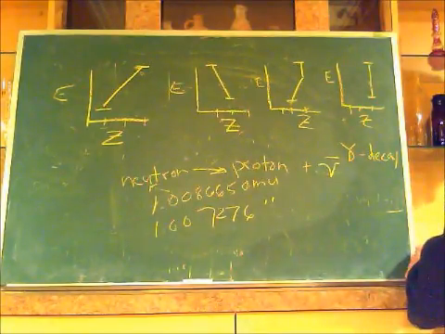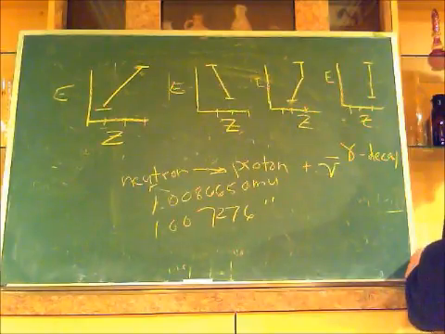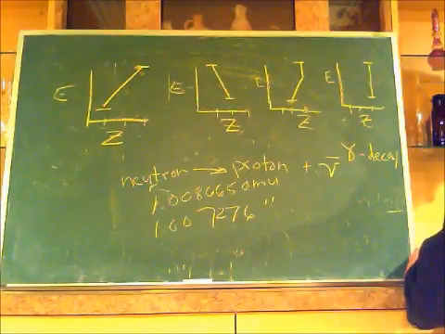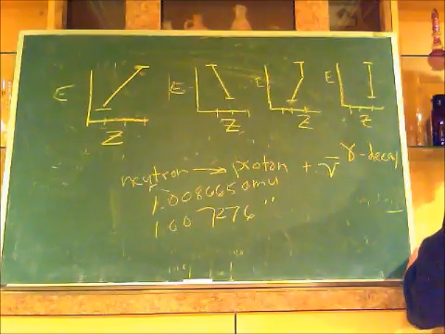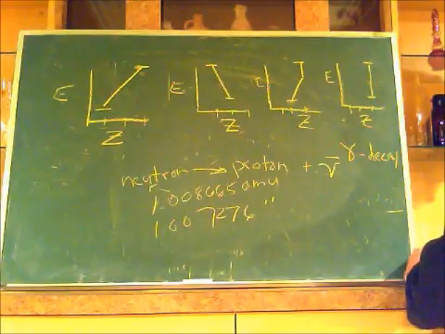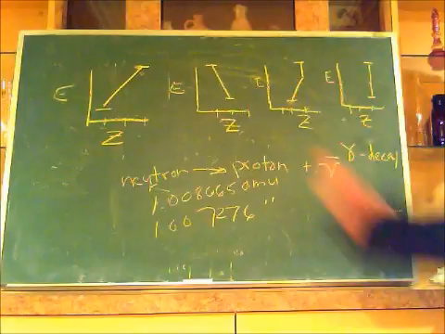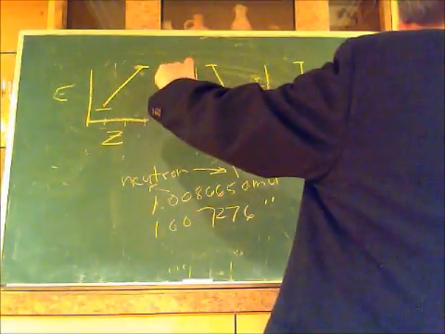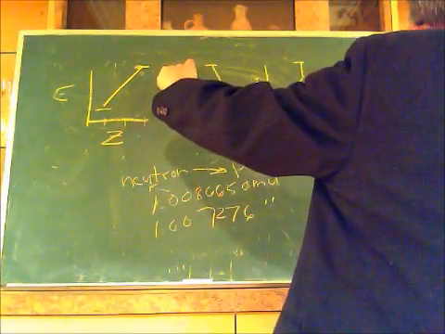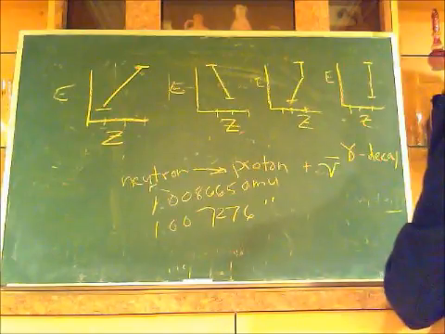If we multiply that by 931.5 million electron volts, we get 0.167 million electron volts. That is the energy lost for that particular decay, and in this diagram that would represent that 0.167 million electron volts.